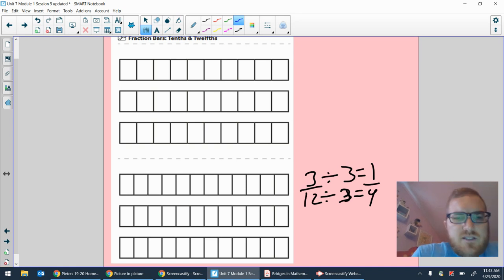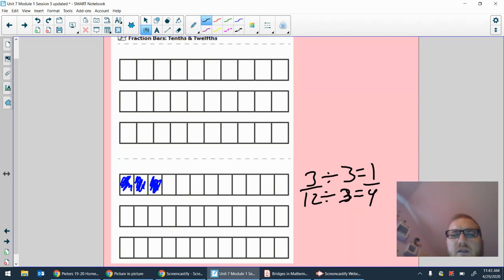And if I shade this in, and I shade, oops, let me get rid of that. One, 2, 3. Now, what I can also do is outline it in a bold black.